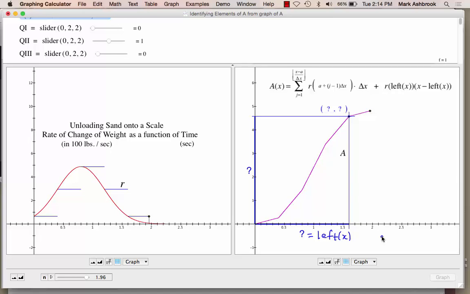And then what part of the equation would calculate that y coordinate? Is it this stuff over here or this stuff over here? A or B? What about this part? Is that the y coordinate? How about Sierra?